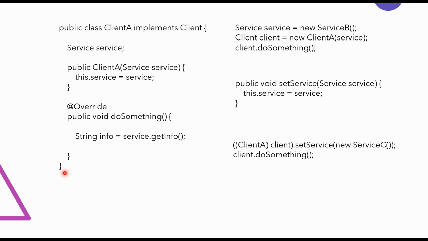Like if we see here, in the client A class the set service setter method sets a new service C. So here, by the setter method, we are injecting an object of service C in the client A class and calling the do something method. So we can change the service's implementation, for example here with service C, and that is how we can use dependency injection.